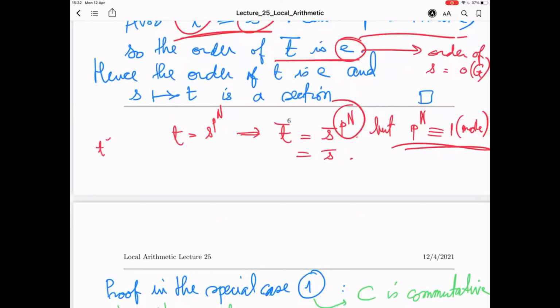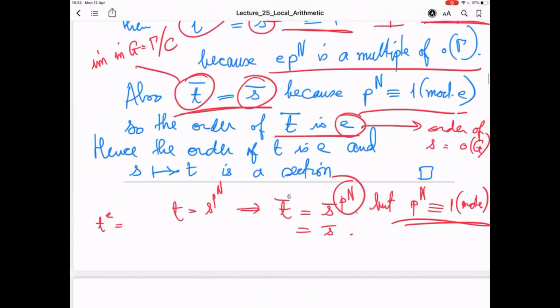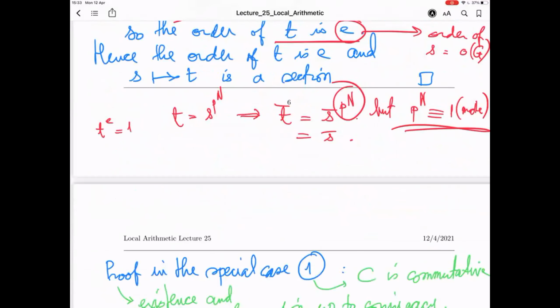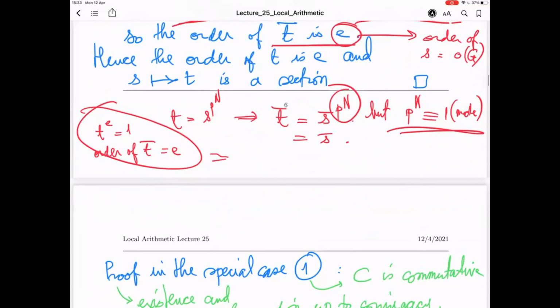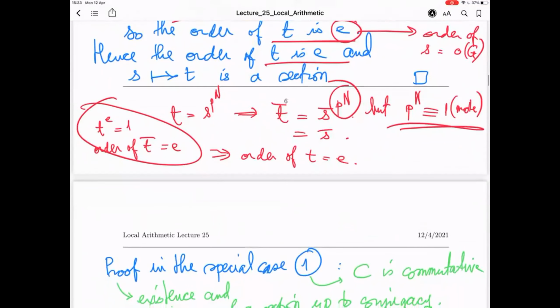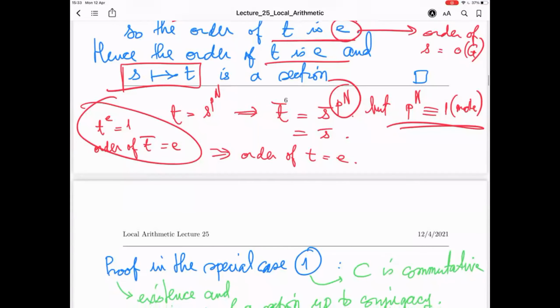We know that T bar to the power E is equal to 1, and we know that the order of T bar is equal to E. These two things imply the order of T itself is equal to E. Then there's a unique map from G to gamma, which sends S to T. And that is a section.